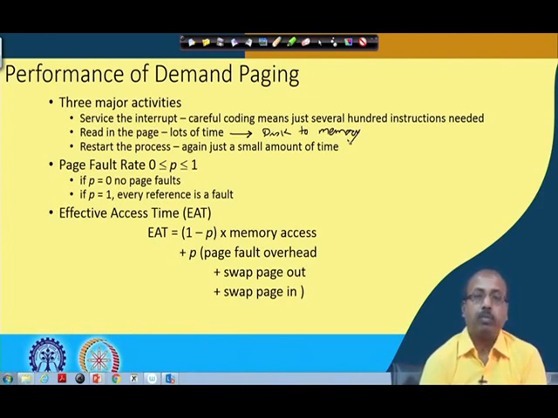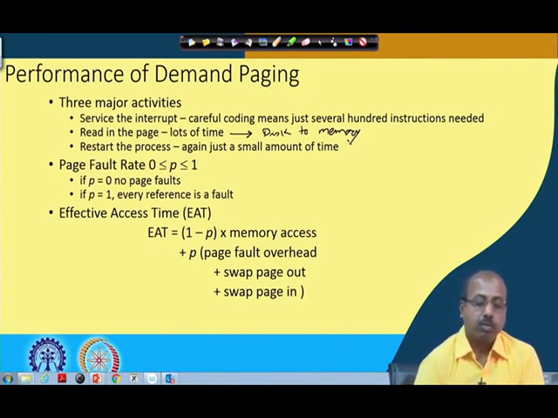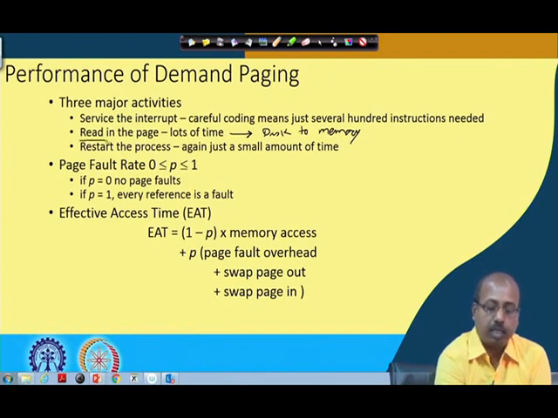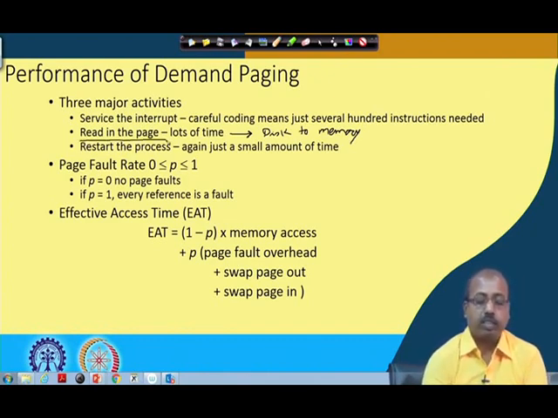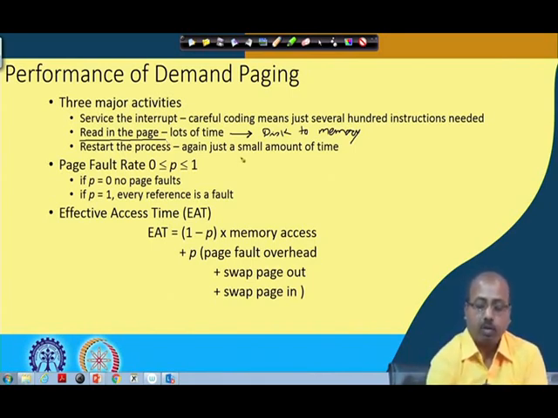The second problem is that disk access by itself is much slower than memory access or the CPU operation, because disk is an electromechanical device. So, that takes a lot of time. So, reading the page is the most time consuming part in the whole operation, and after the page has been transferred, restarting the process is again a small amount of time. So, this is not that large.